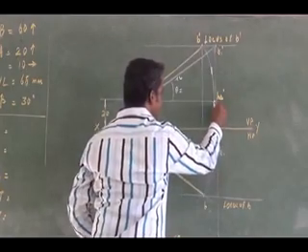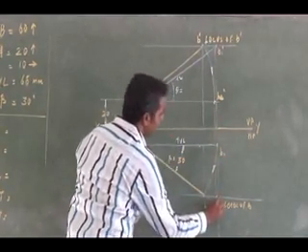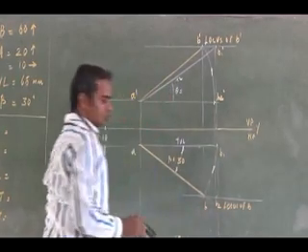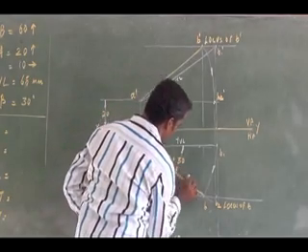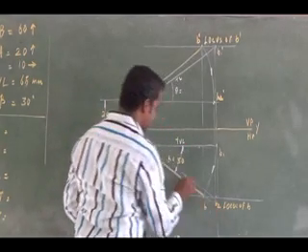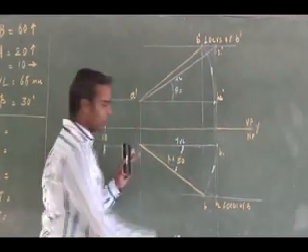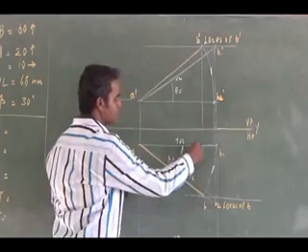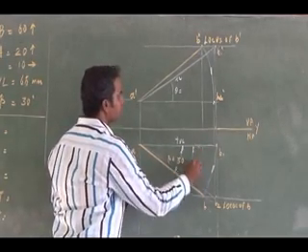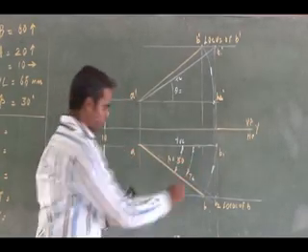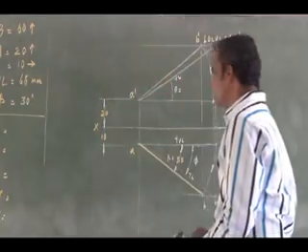I can project it here. This is going to be my B2. Joining this A and B2, AB2 is again my true length. This angle, which you show by measuring, is going to be my phi.